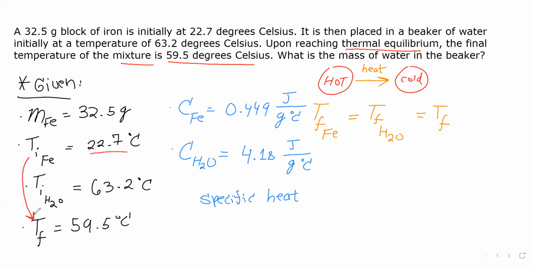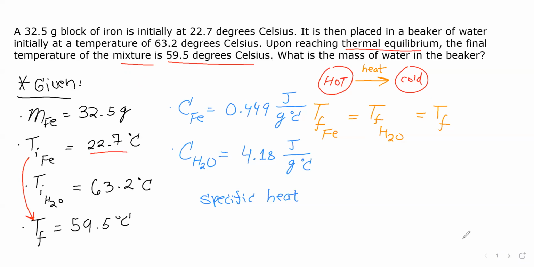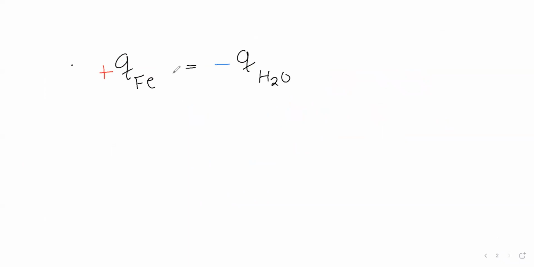So iron is increasing in temperature. It's gaining heat. So my water should be losing, but let's look back. The temperature of the water is initially 63, but then it drops to 59. So this really is losing.